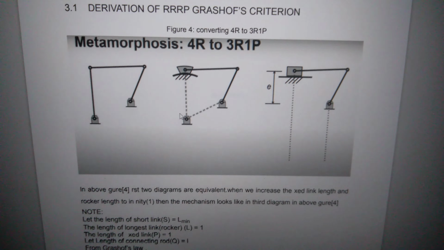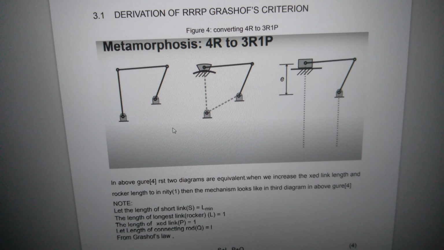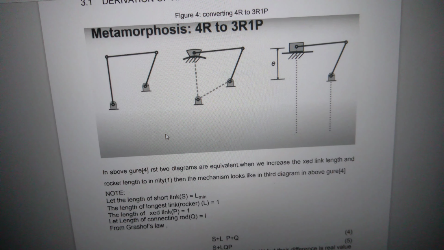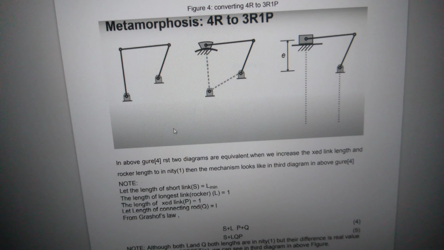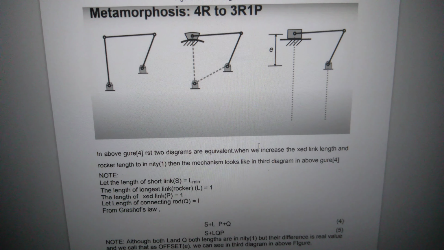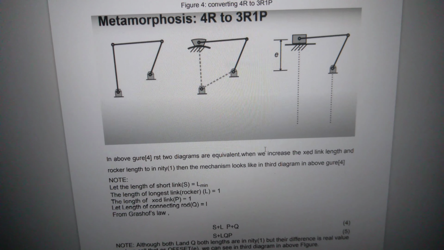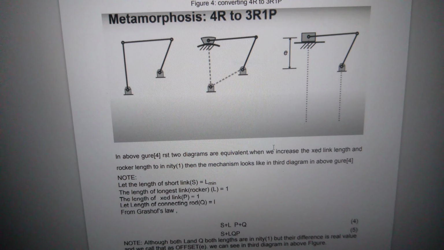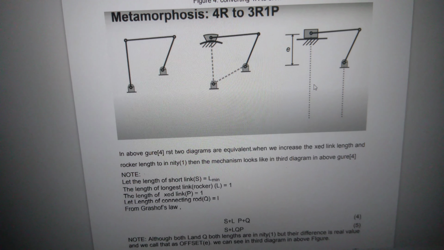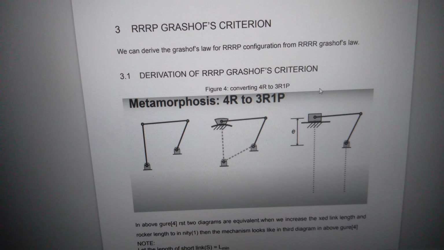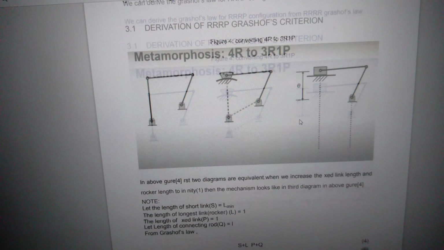For doing that, we simply don't have to do anything. In the above figures, the two diagrams are equivalent. When we increase the slider link length and rocker length to infinity, the mechanism looks like the third diagram in figure 4, sir. This one, this whole thing, sir.